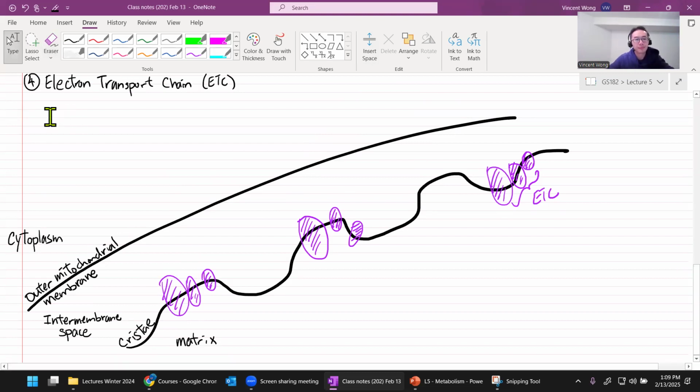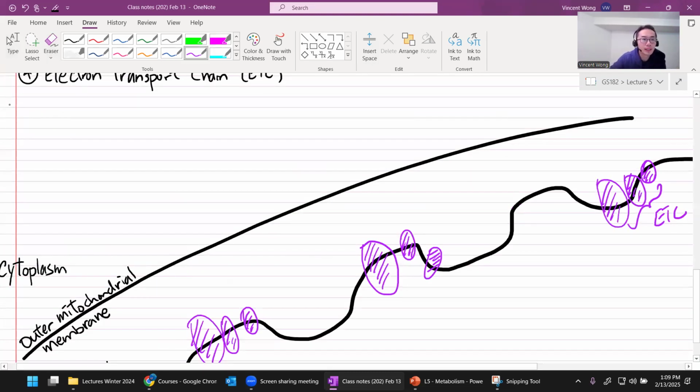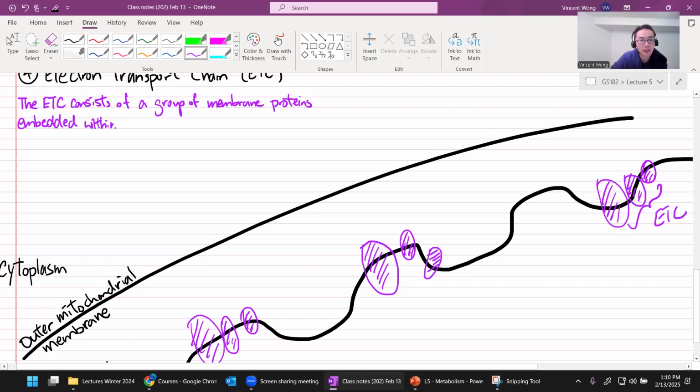So let me write it down for you. The electron transport chain consists of a group of membrane proteins embedded within the cristae.